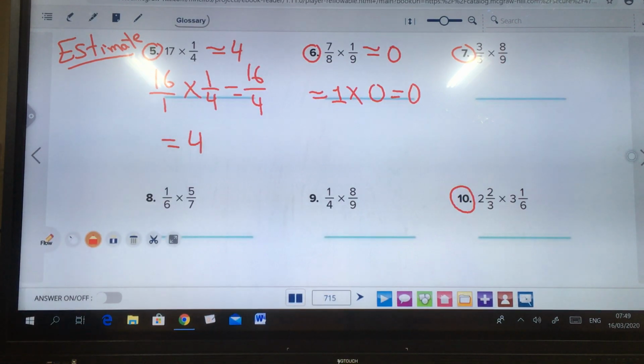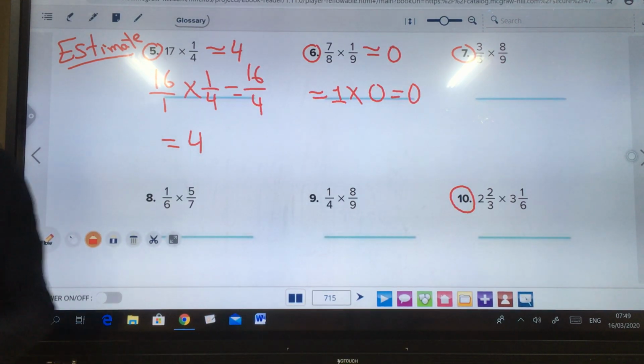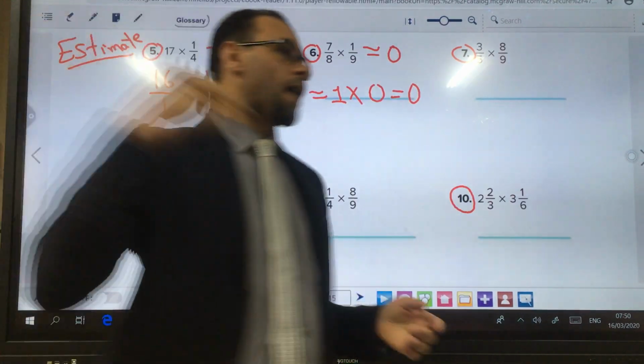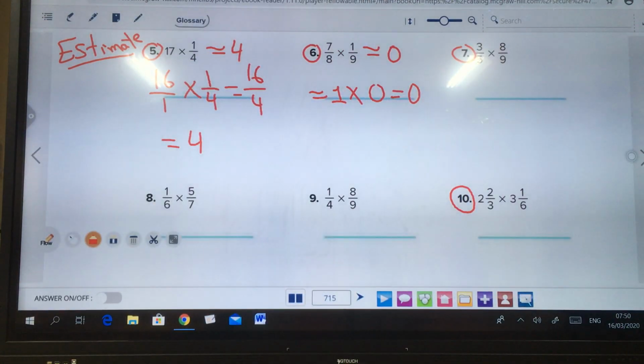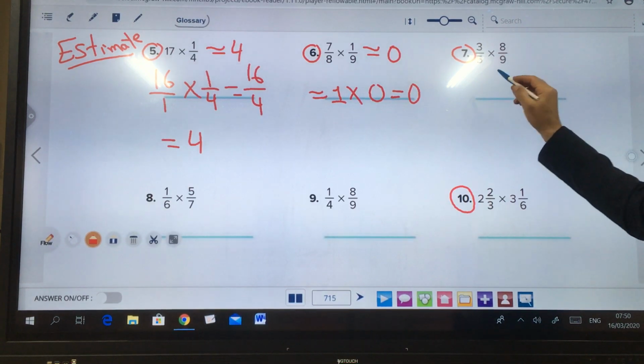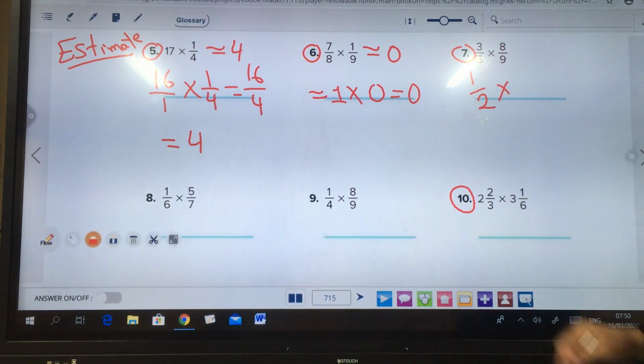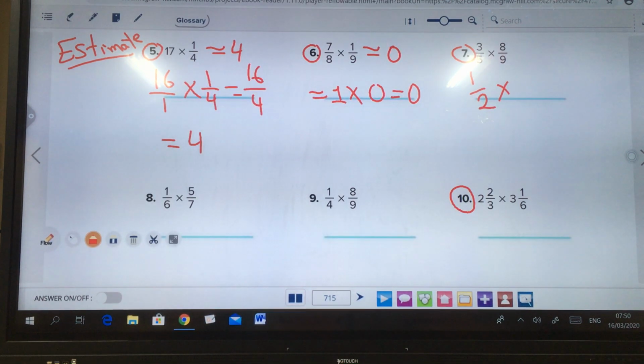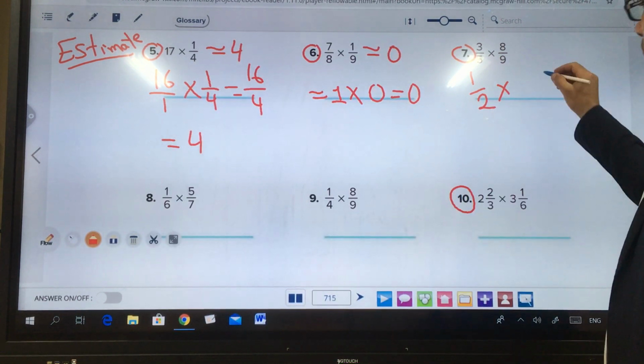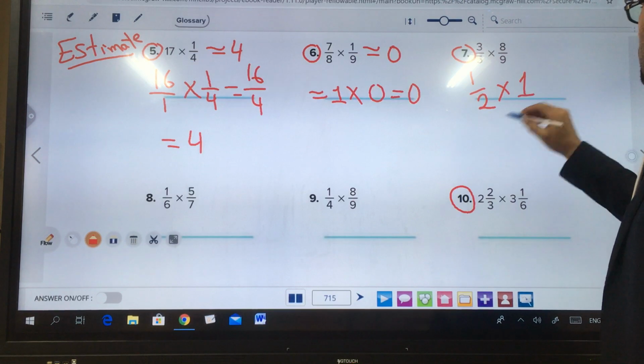Number 7: 3 out of 5 times 8 out of 9. 3 out of 5 is closer to what? Yes, closer to 1/2. Times 8 out of 9, closer to what? Closer to 1.